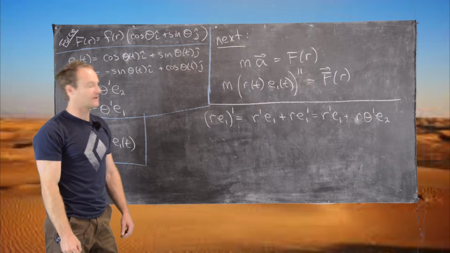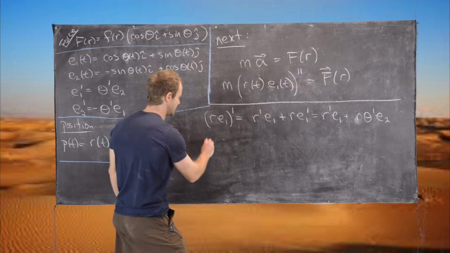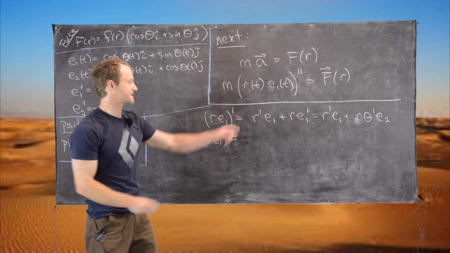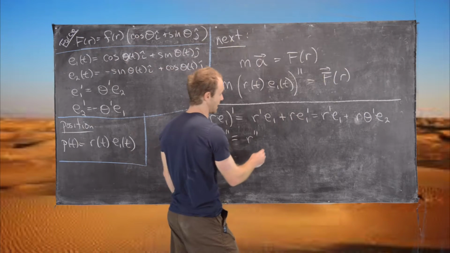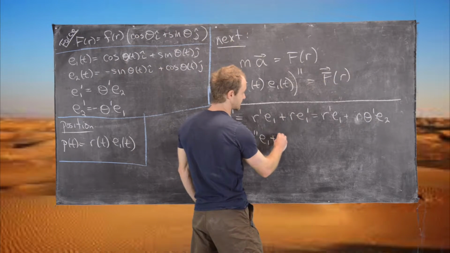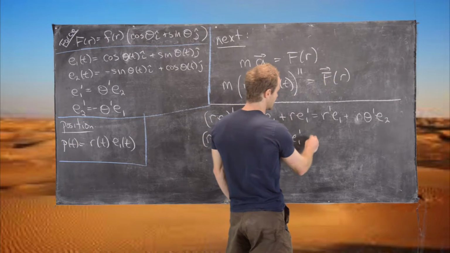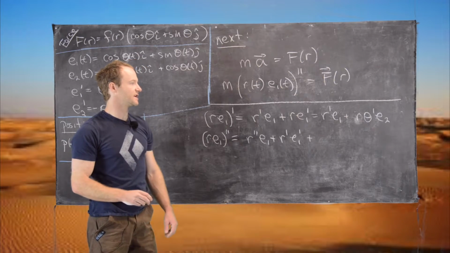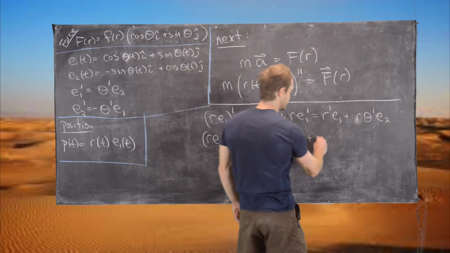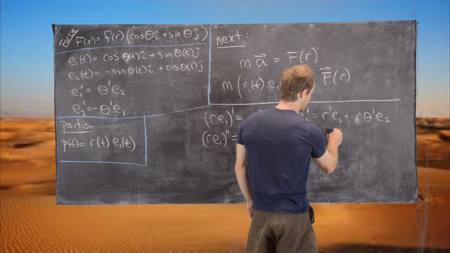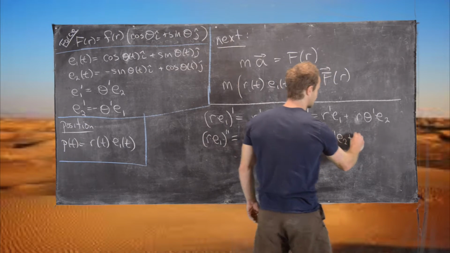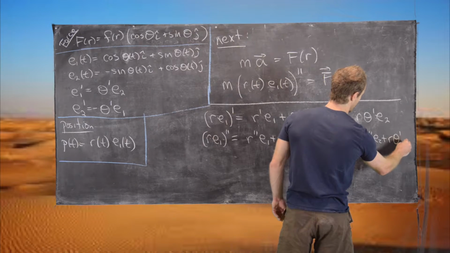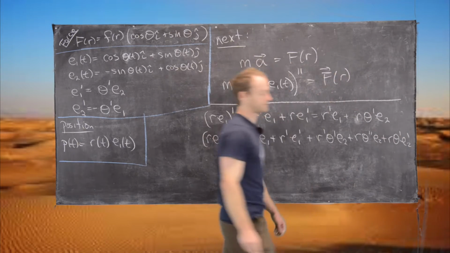Okay, great. And now similarly, we can take the second derivative. So if we take r E1 double prime, that's going to give us r double prime E1 plus r prime E1 prime plus, and now we have three functions to take the derivative of, so we can use the product rule kind of three times. So here we have r prime theta prime E2 plus r theta double prime E2 plus r theta prime E2 prime.